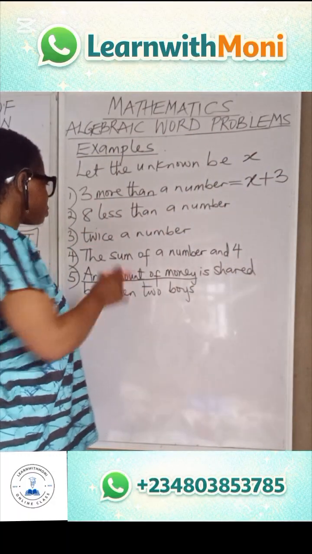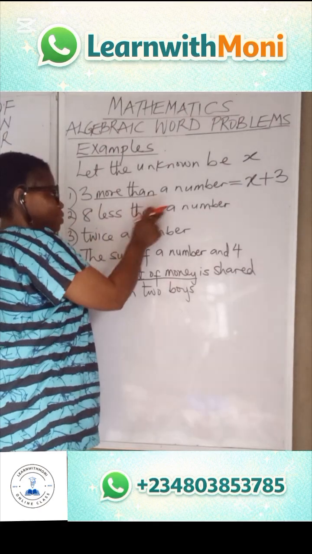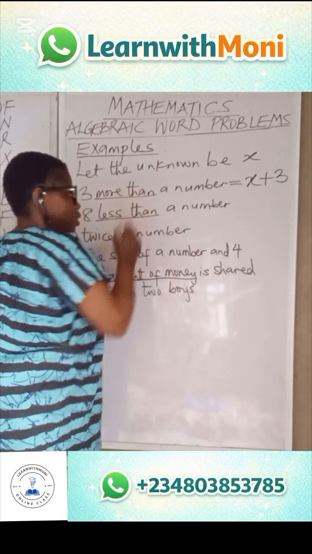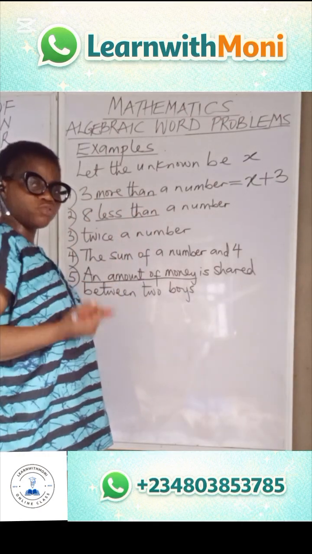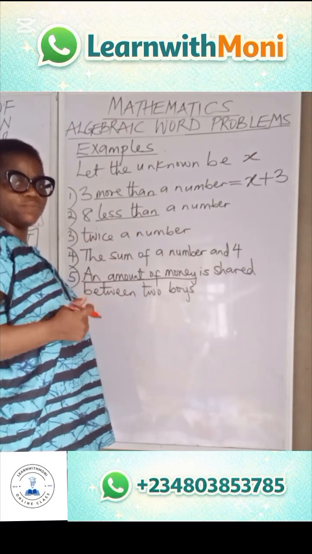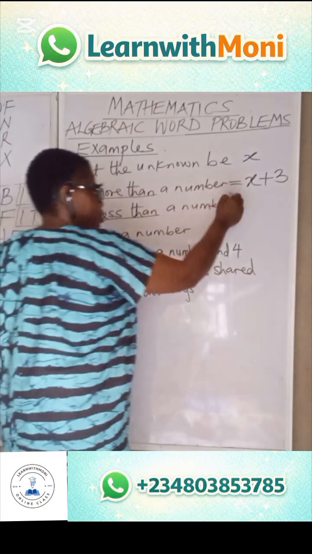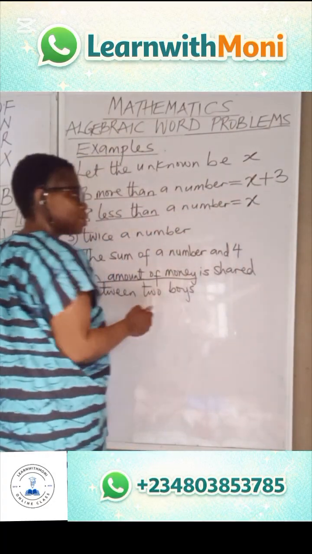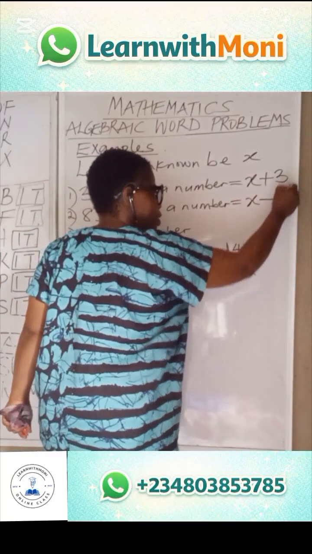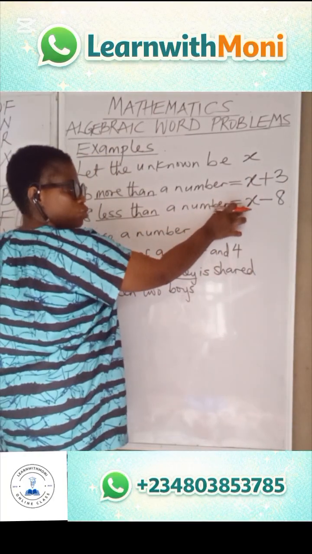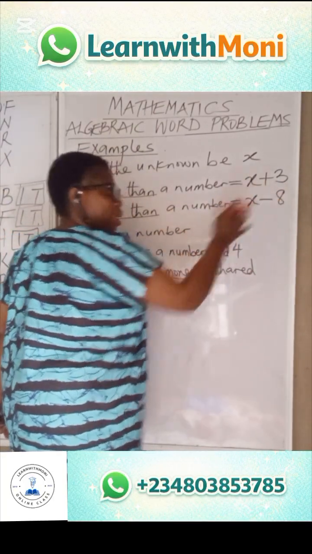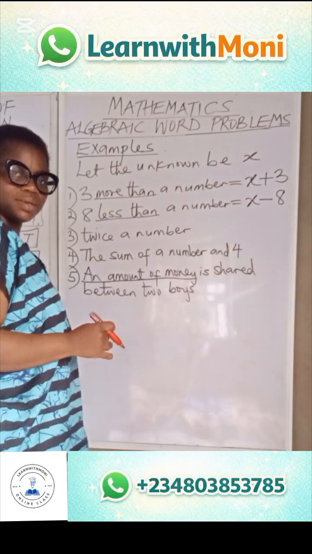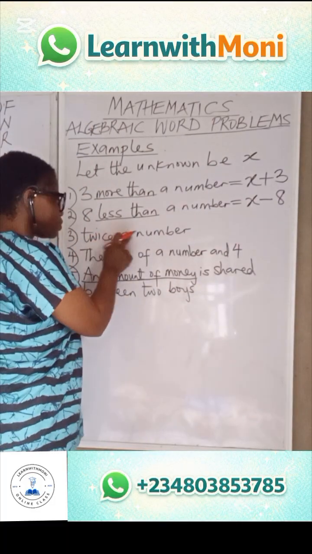X plus 3. 8 less than a number. Less than a number means subtraction. Subtract it from that number. This means the number less by 8. That unknown number less by 8. Twice a number.